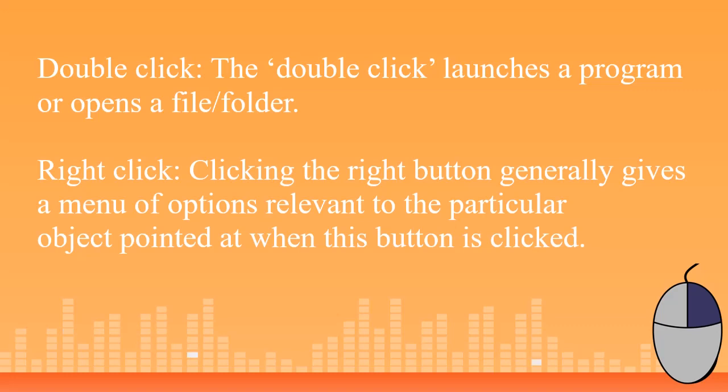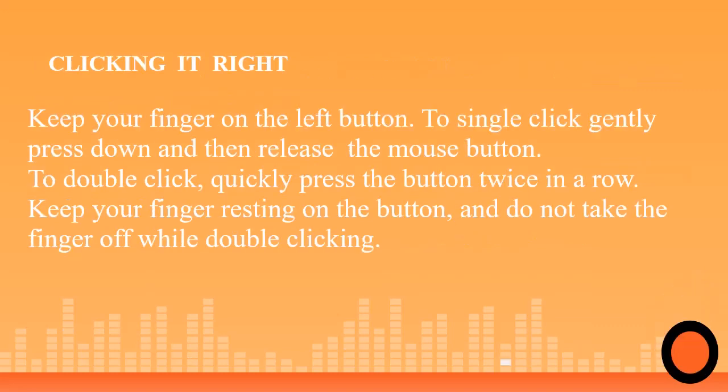Another click is the right click. Clicking on the right button generally gives a menu of options relevant to the particular object pointed at. When we do a right click, we get quite a few options to choose from that we can perform on our file. So how do we generally work with the mouse? Keep your finger on the left button.